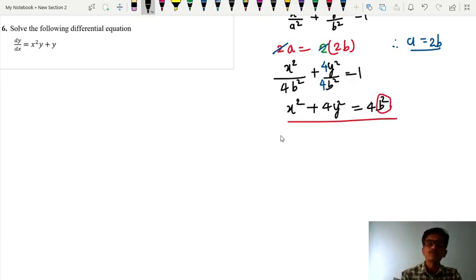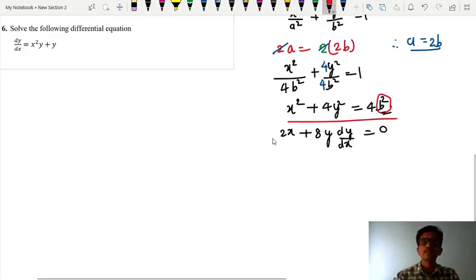So differentiating this, it is 2x, differentiating this, it is 8y into dy by dx, and the right hand side is constant, so its derivative will be 0.